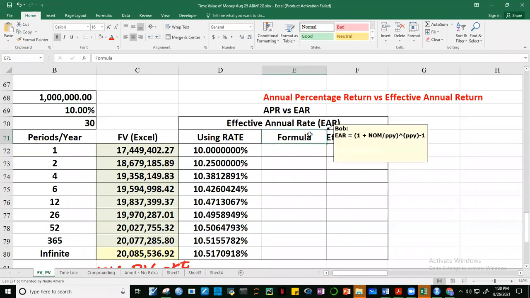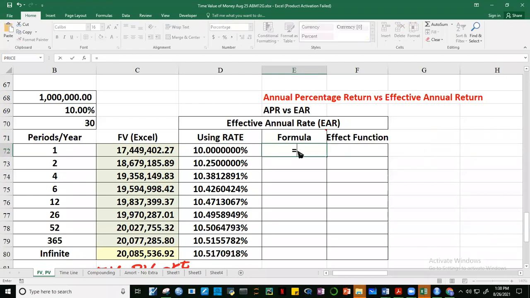So that's our formula for effective annual return. Okay, so let's follow that formula. So this is equal to 1 plus the nominal rate of 10%, i-fix natin siya, divided by the periods per year, raised to the periods per year, minus 1. So that's our formula.